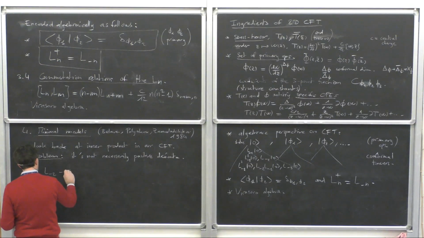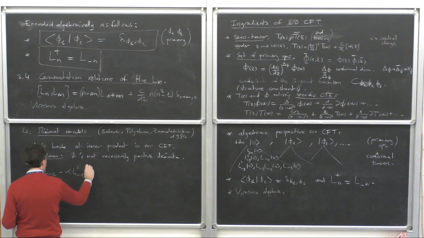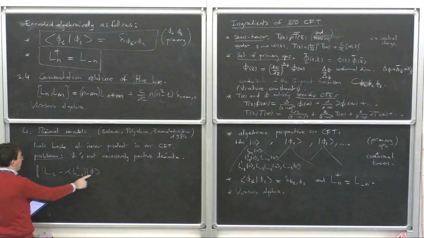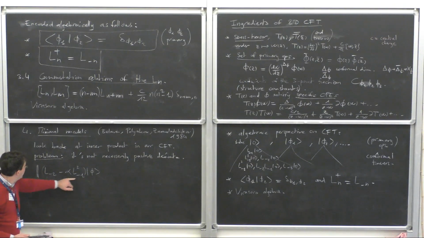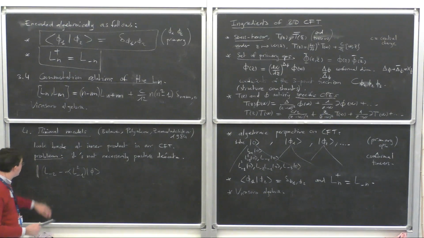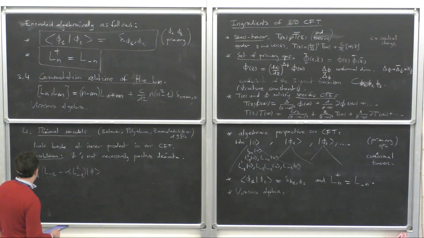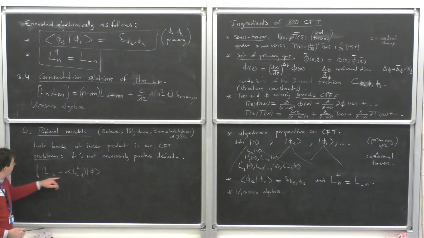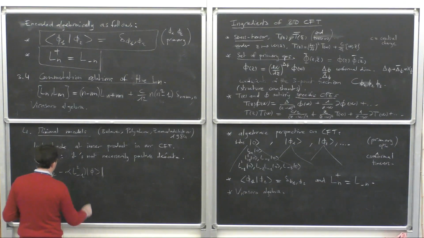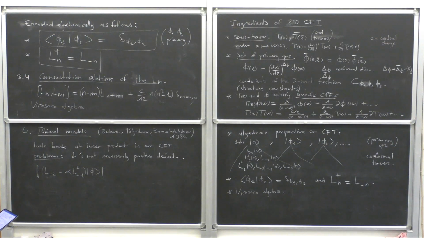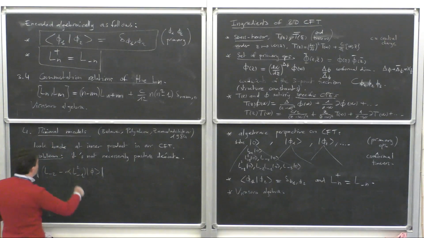You can consider this linear combination of two states, L_{-2} acting on some primary field phi and alpha times L_{-1} squared acting on some primary field phi. Why this specific combination? Because they have the same conformal dimension. It's better to look at things with the same conformal dimension. This ensures that they have a non-zero inner product, because fields with different conformal dimensions would automatically have a zero inner product. This follows from the definitions.